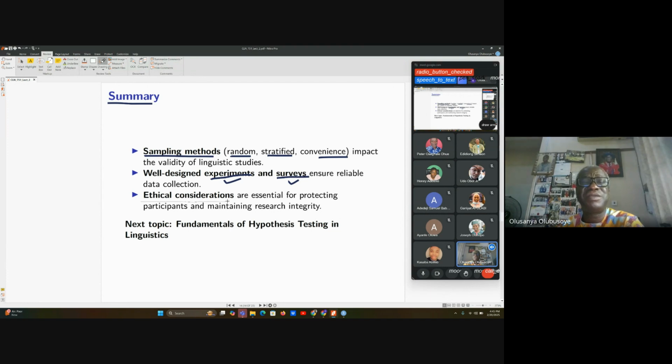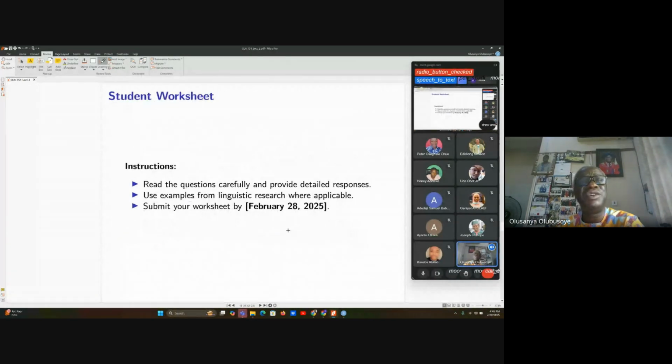And we just discussed ethical considerations needed or critical for protecting participants and maintaining your research integrity. So in the next class, we are going to move to hypothesis testing in linguistics research.